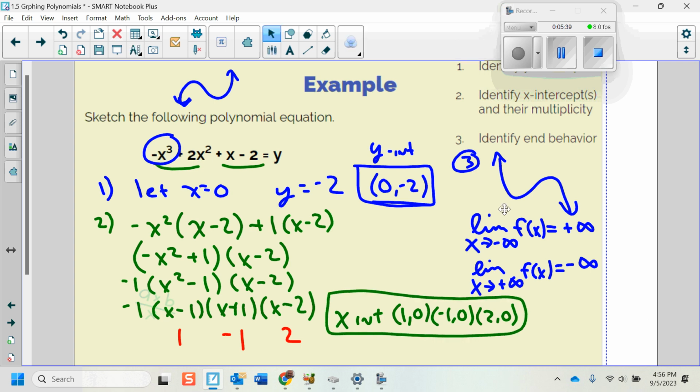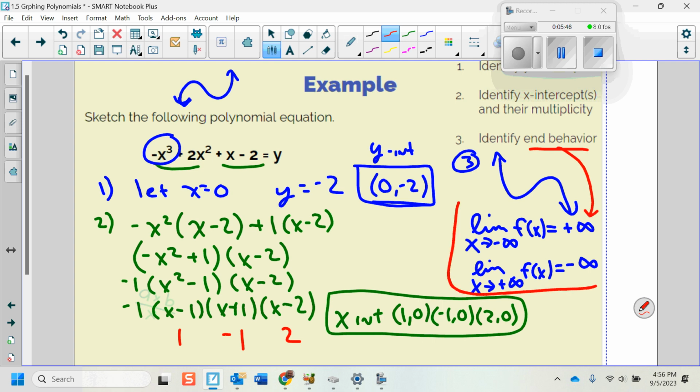And then those end behaviors that we were talking about are right here. So using that information, I should be able to graph that equation. So let's go ahead and move on.